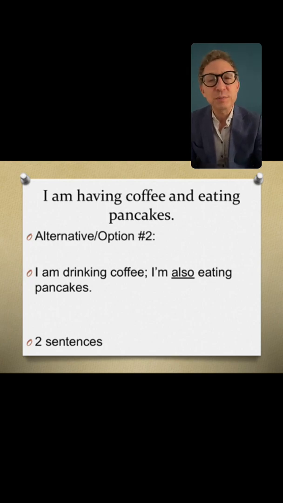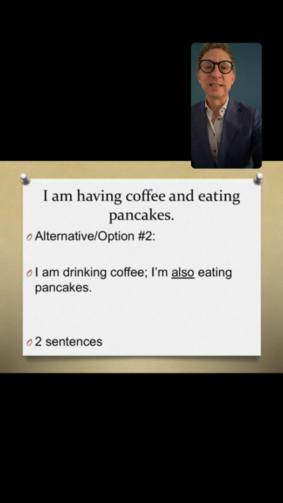This is perhaps more literary, although I like to speak in this manner, but I realize that not everyone does. So it would be sort of informal for a lot of people. But I like these two sentences because it's different and people aren't maybe accustomed to this, so they might listen more closely. I'm drinking coffee. I'm also eating pancakes.